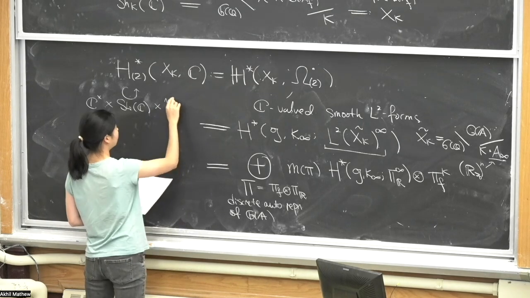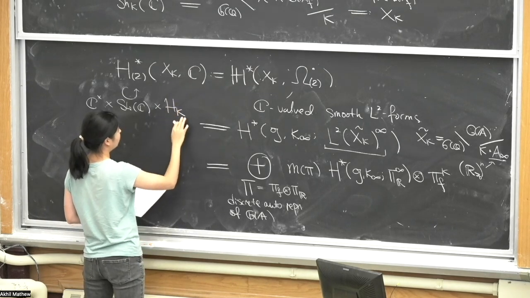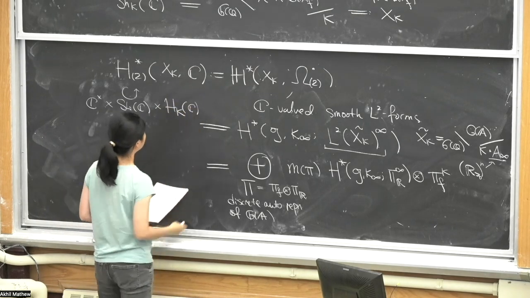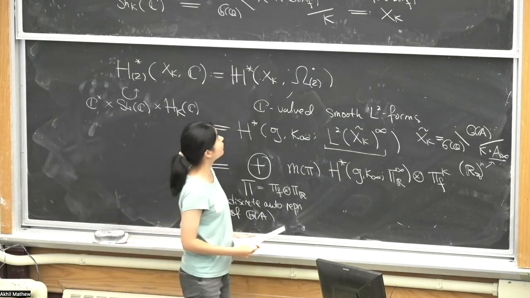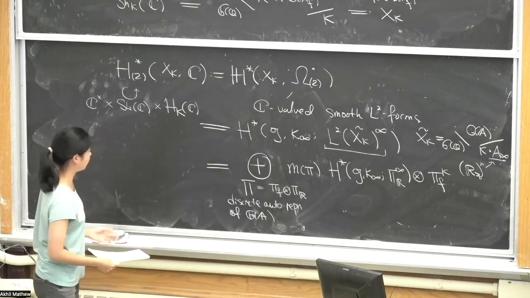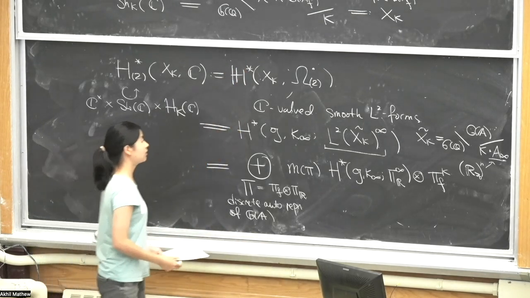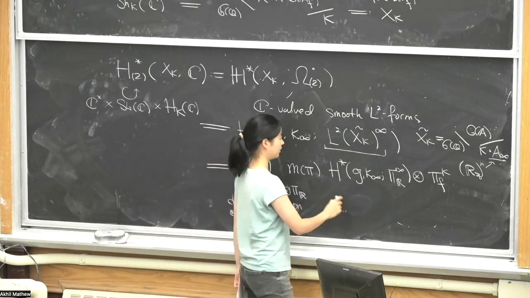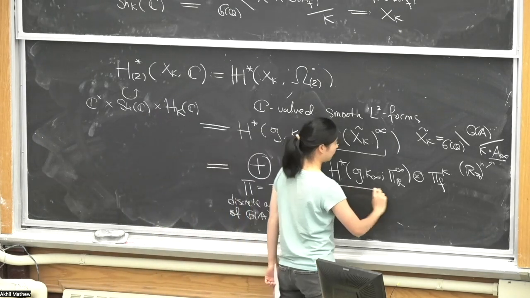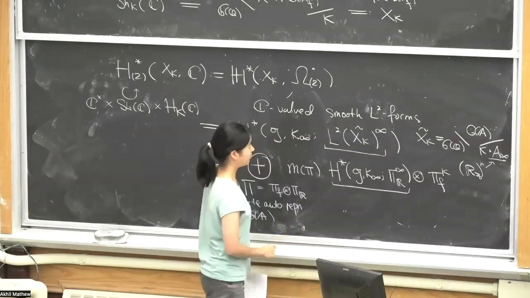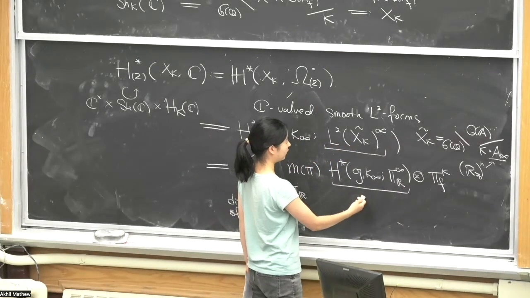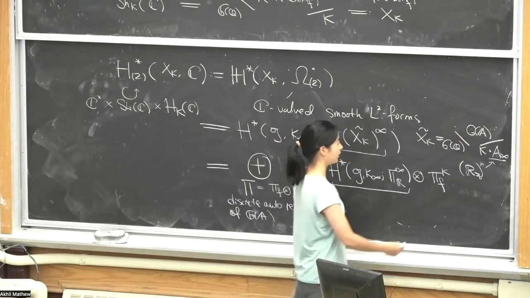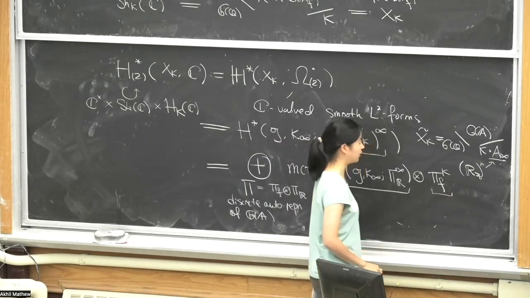So this is also a module under the Hecke algebra labeled by K with complex coefficients, coming from this adelic double coset presentation. And this spectral decomposition of the cohomology separates these actions. The C-star and SL2 C part comes purely from the relative Lie algebra cohomology, and the Hecke module appears here.